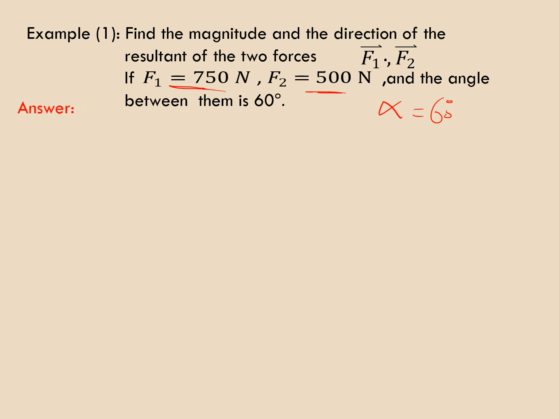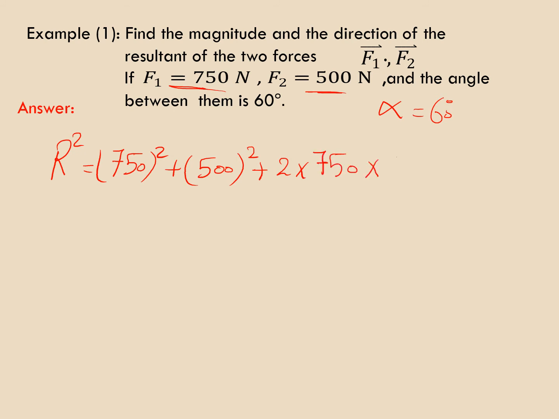When we start, we will get R power 2 equals F1 power 2, 750 power 2, plus F2 power 2, 500 power 2, plus 2 multiply F1 750 multiply F2 500 multiply cosine 60. I will check the answer.